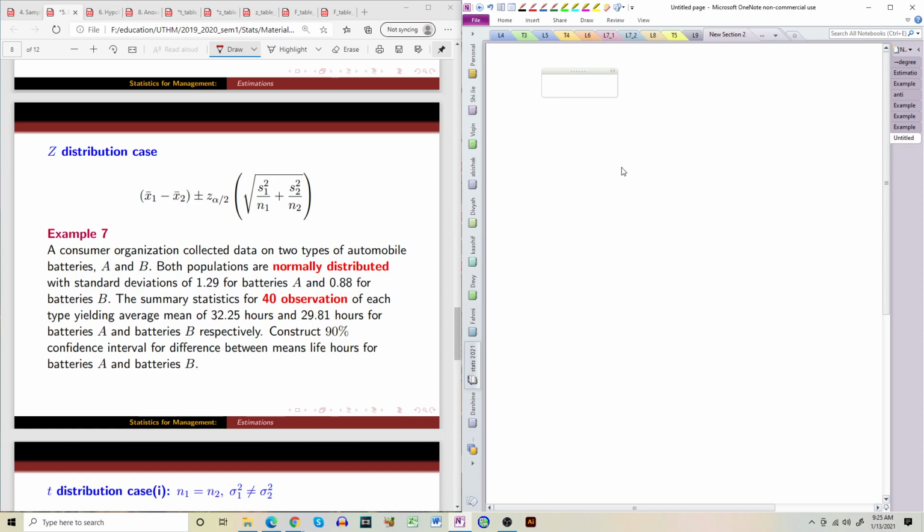So, Z distribution case. I just put Z here, Z distribution case.